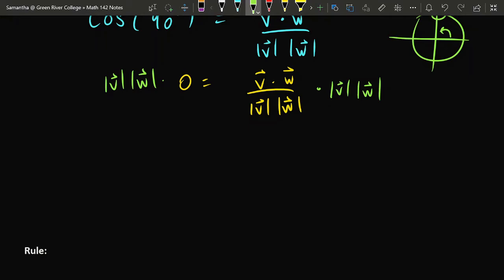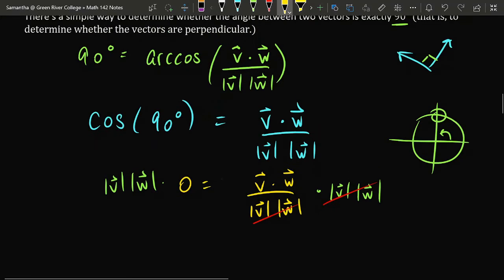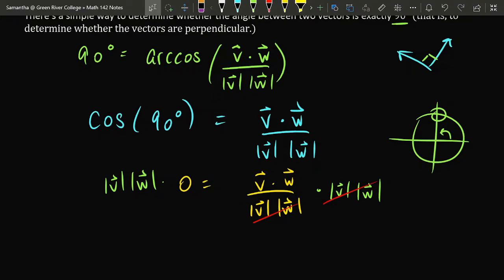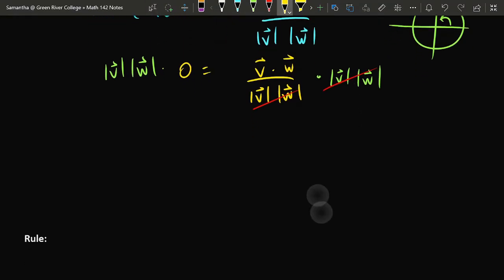But of course, any number times 0 is just equal to 0. So after simplification, I get the following result. If the two vectors v and w have an angle between them that's equal to exactly 90 degrees, then as a consequence, the dot product between those two vectors is 0.